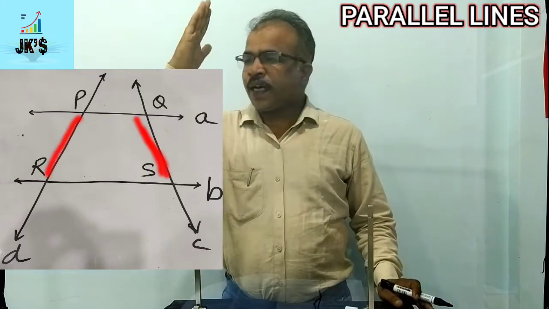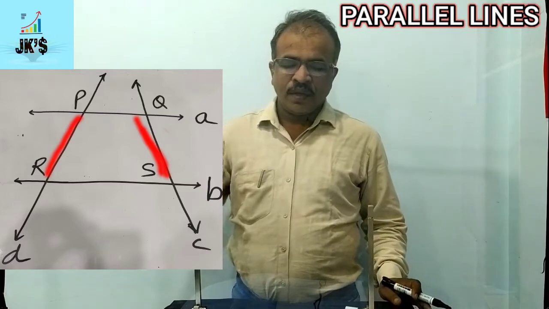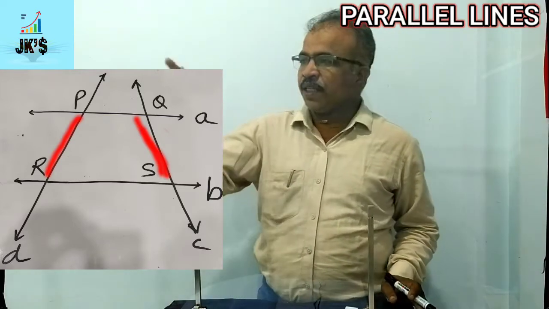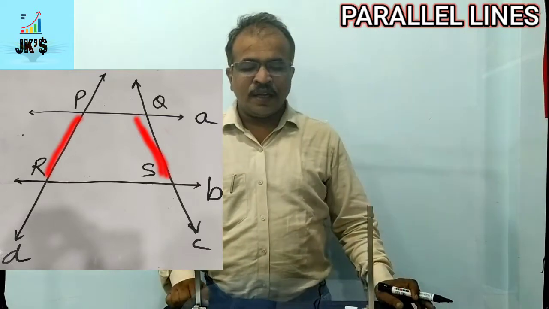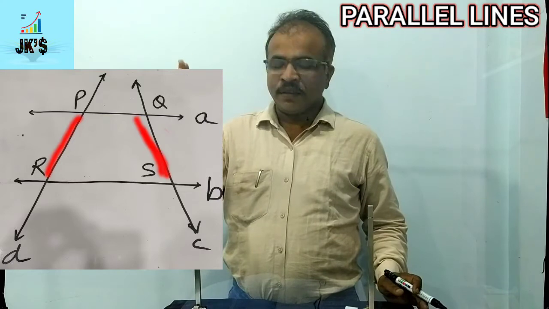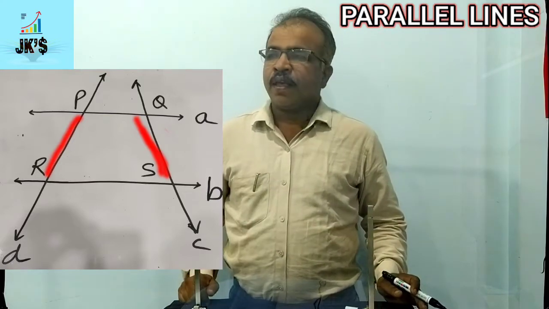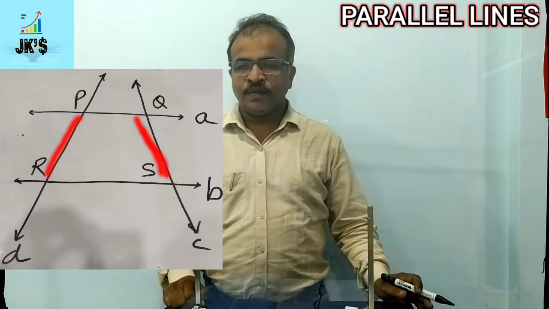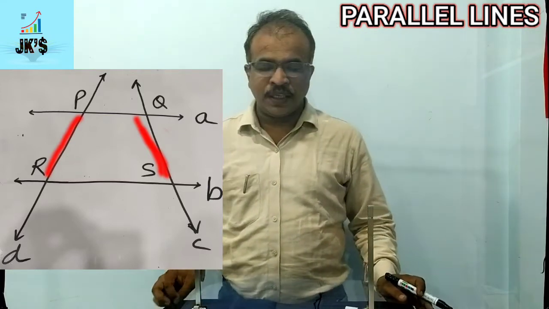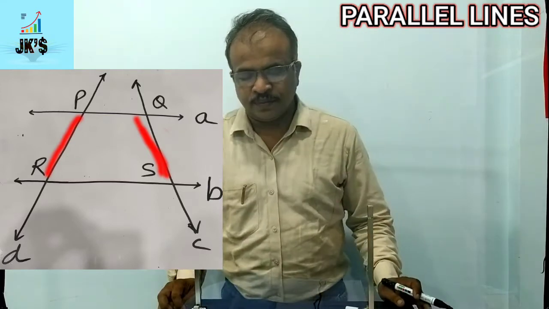In case of the transversal D, the intercept is RP, and in case of the other transversal, transversal C, the intercept made by the two lines A and B on transversal C is QS.